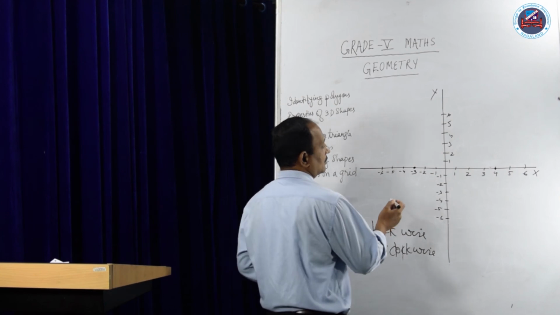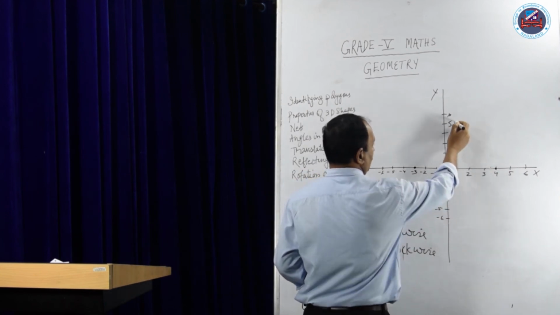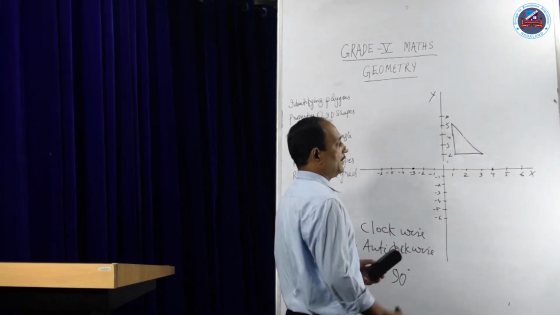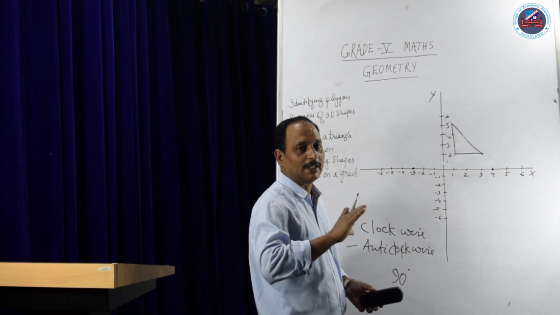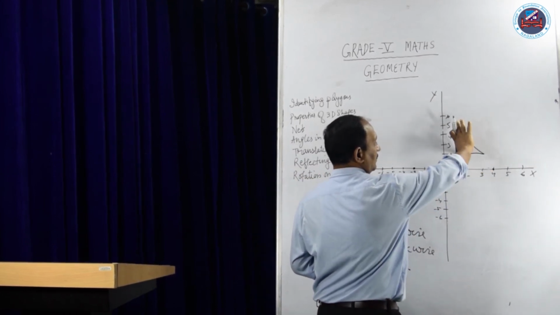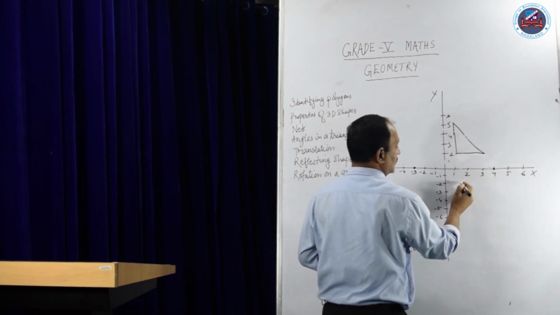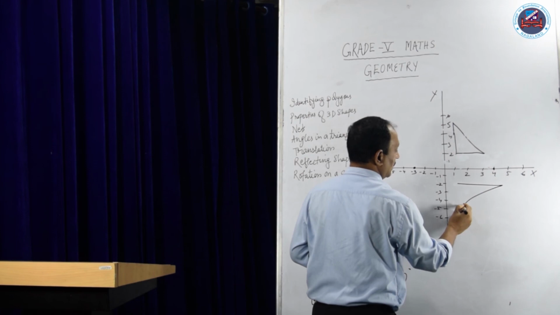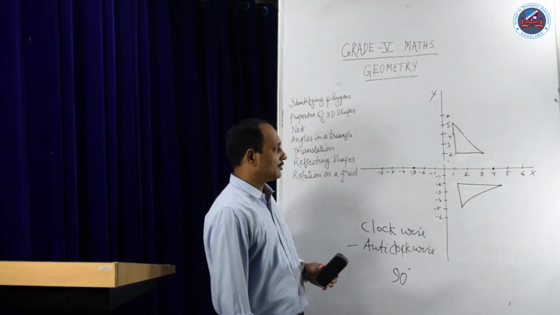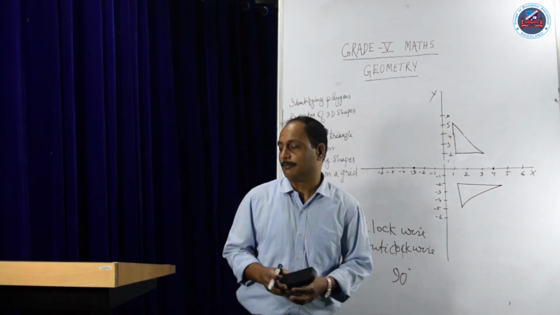Now suppose I am drawing one figure here. When we turn this figure by 90 degrees, it will turn like this. This vertical will turn to horizontal, so the figure will look like this. So this is rotation on a grid, how to rotate by 90 degrees.